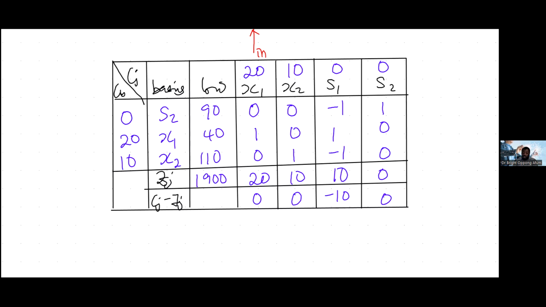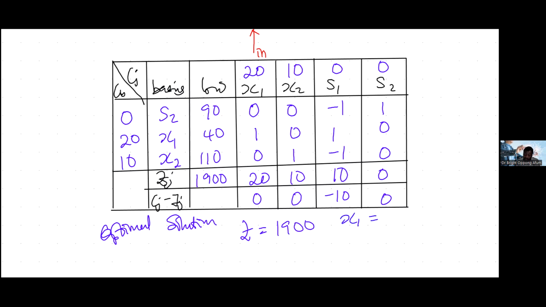That means that the solution is optimal. So we have an optimal solution here, right? And what that means is that our Z is 1900.